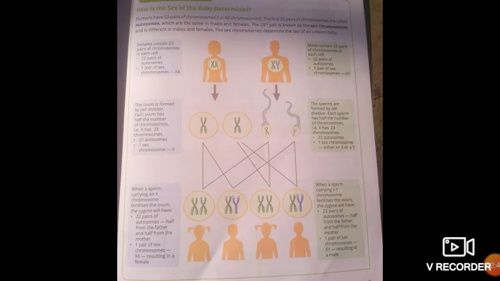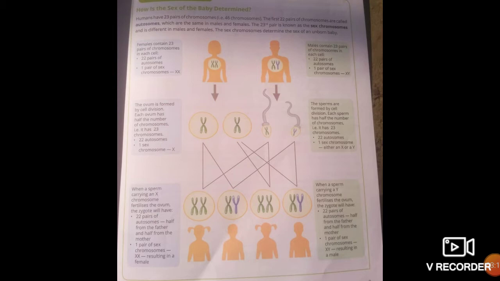When a sperm carrying an X chromosome fertilizes the ovum, the zygote will have 22 pairs of autosomes, half from the father and half from the mother, and one pair of sex chromosomes, that is XX, which will result in a female baby girl.